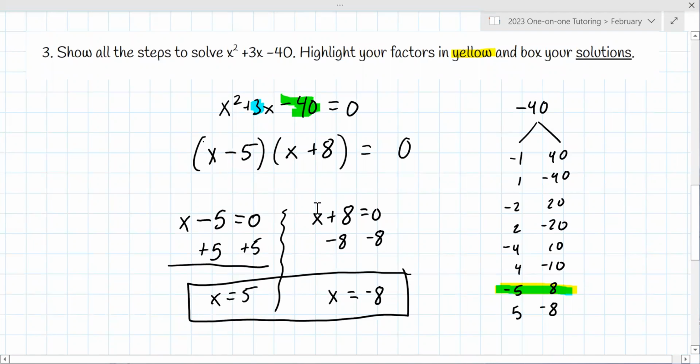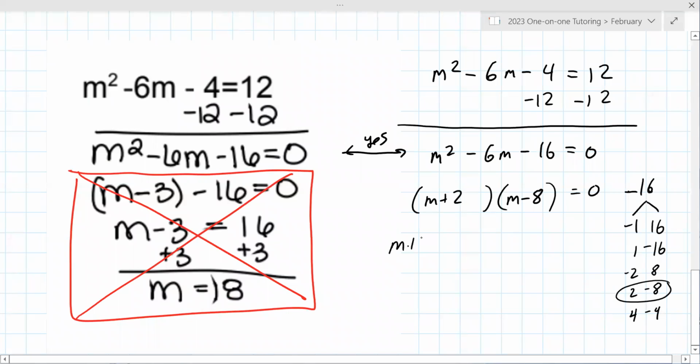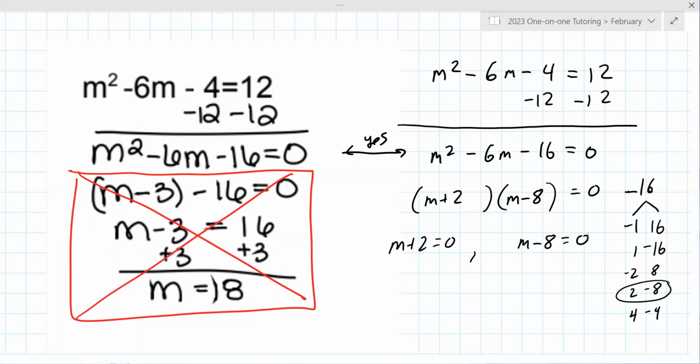You make them into two separate equations. So you set them both equal to 0, and then you do exactly what you just said. So give me your final answers. So we have x equals +2, x equals -8.